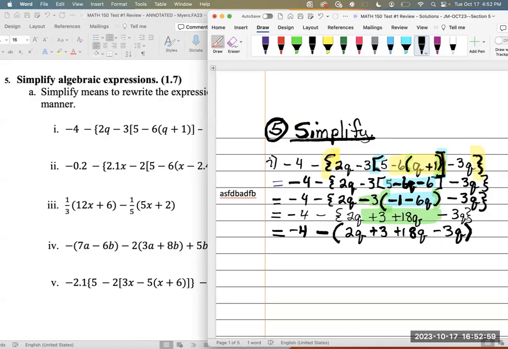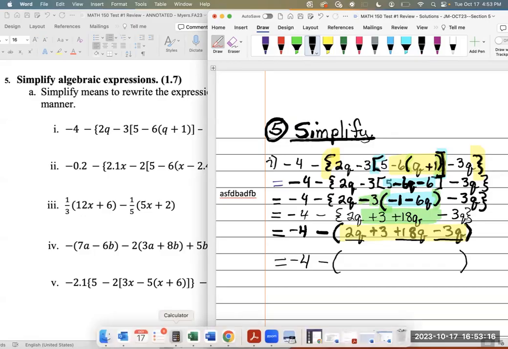So now I'm looking just at this portion and I'm going to combine the terms that are alike. Give myself a little more space here. -4 minus everything in the parentheses, 2q plus 18q minus 3q.